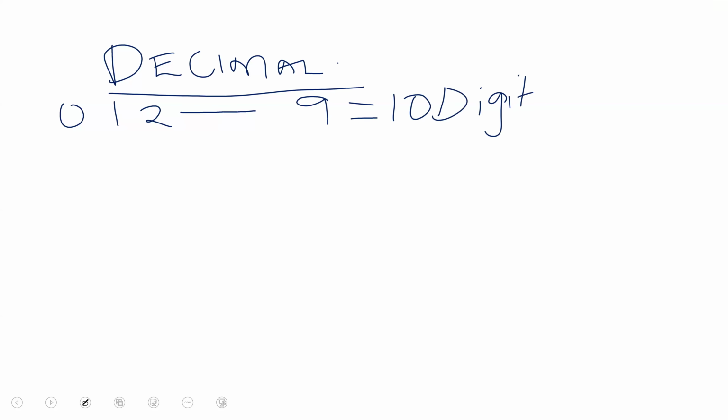It is called the decimal number because all these digits, ukihesabu hizo digits from 0, 1, 2, 3, 4, 5, all the way to 9, you get how many digits? They are 10 digits. So because the number system called decimal has got 10 digits, we are going to be discussing many other number systems.